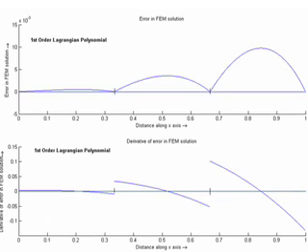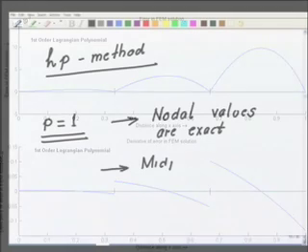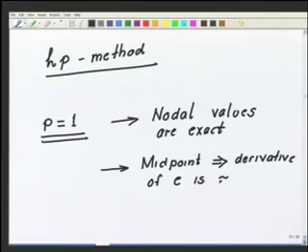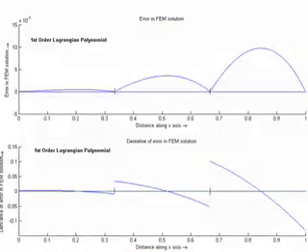So the derivative of the error is 0 there. So the derivative of the finite element solution is very good at the midpoint of the element.